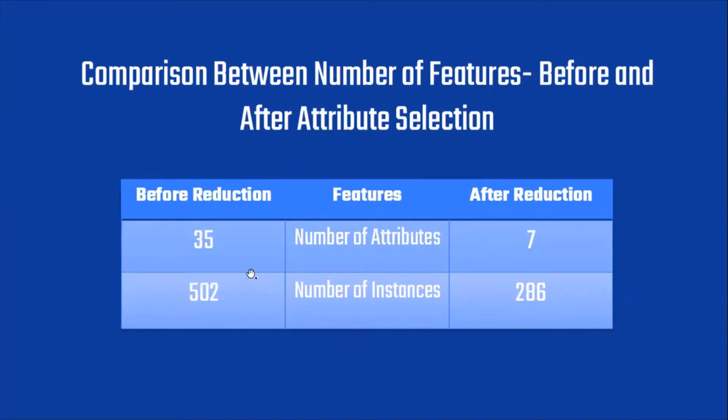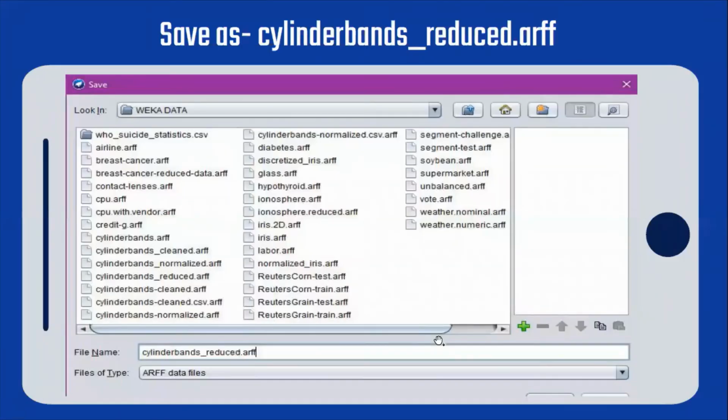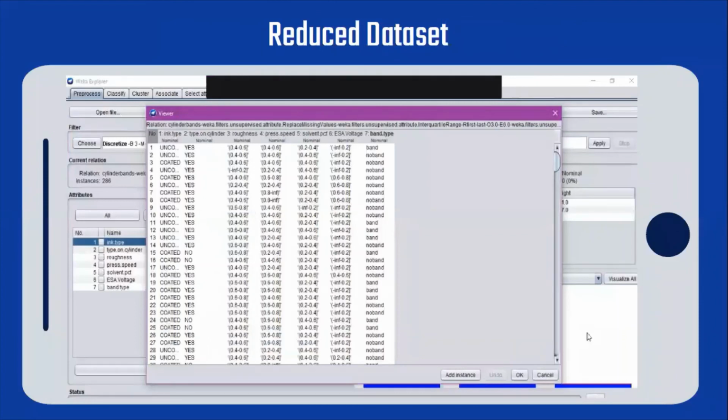And for the number of instances, before is 502, while after the reduction, only 286 are left. So we received the reduced dataset under the file name CylinderBands_reduce.arff. This is our reduced dataset. As we can see, there are only 7 attributes left.